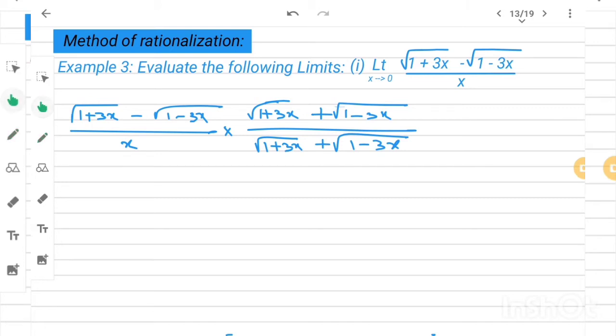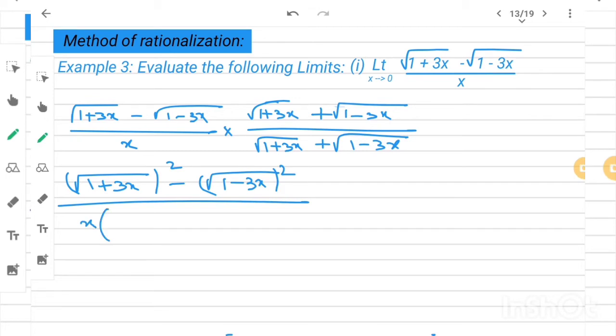Now in the numerator it's in the form of a minus b into a plus b. So I can write it as root of 1 plus 3x the whole square minus root of 1 minus 3x the whole square, and in the denominator x of root 1 plus 3x plus root of 1 minus 3x.